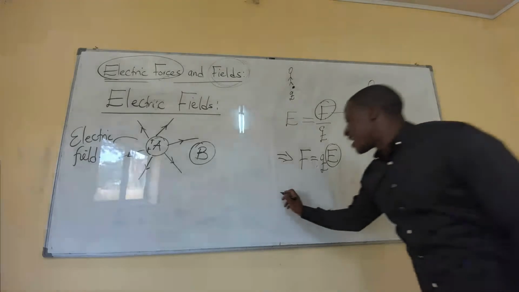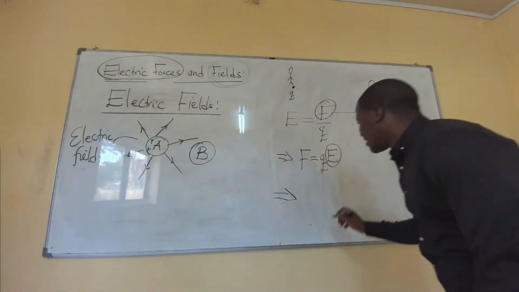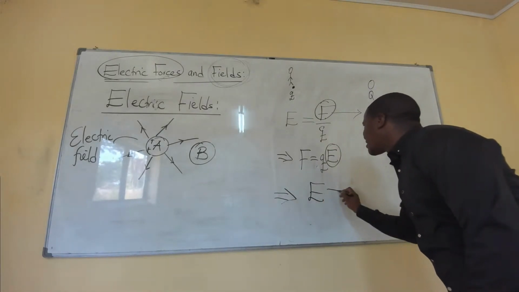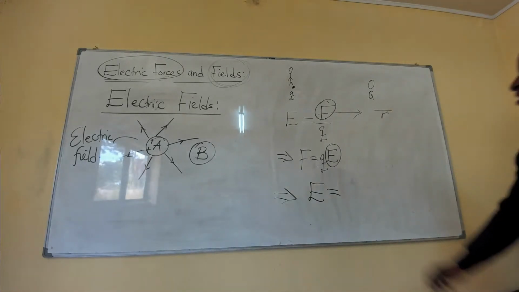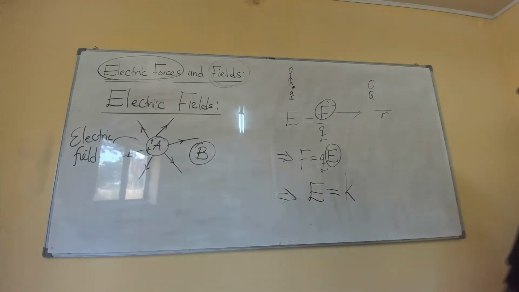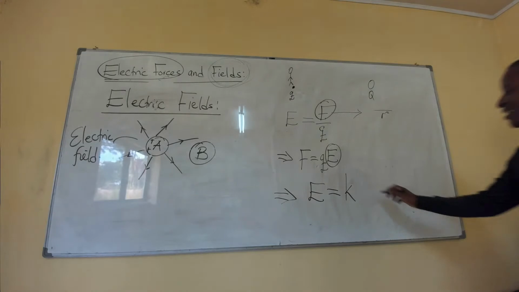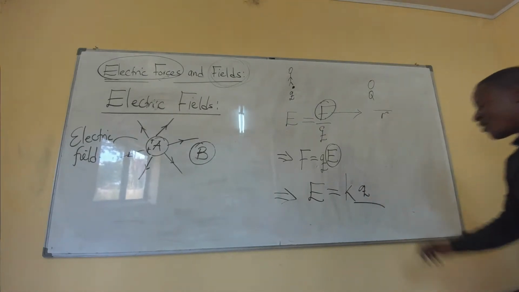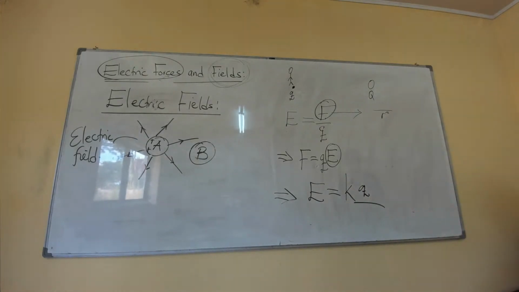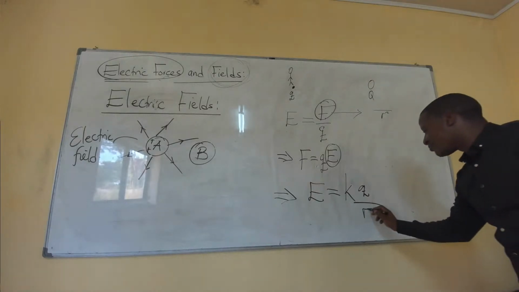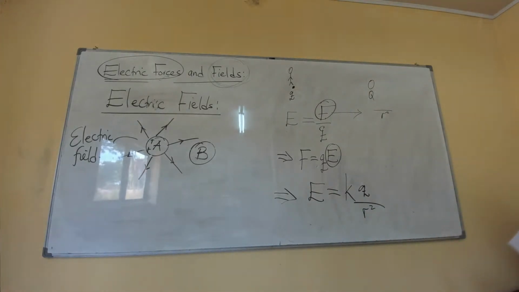What happens is that this implies that this E is nothing but K, which is a constant of proportionality, into Q over what? Over R squared. As simple as that. It's that simple.